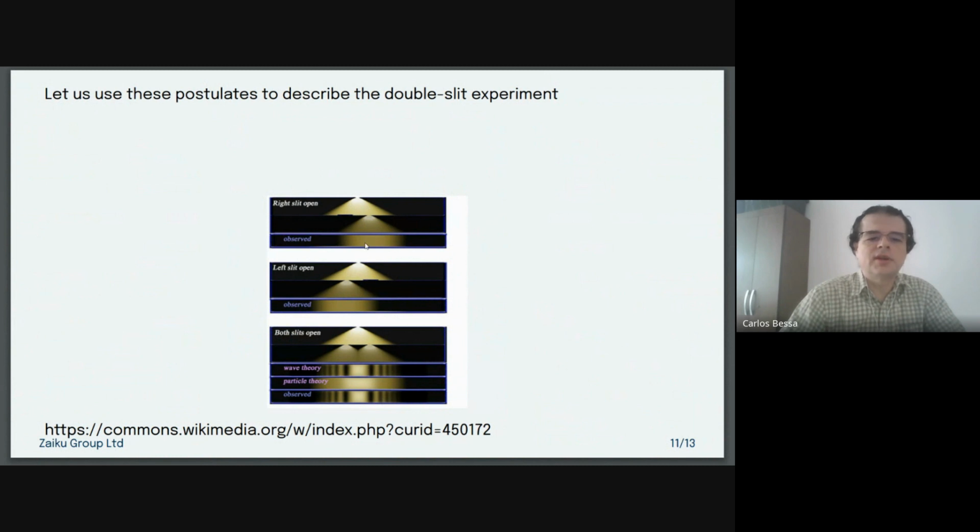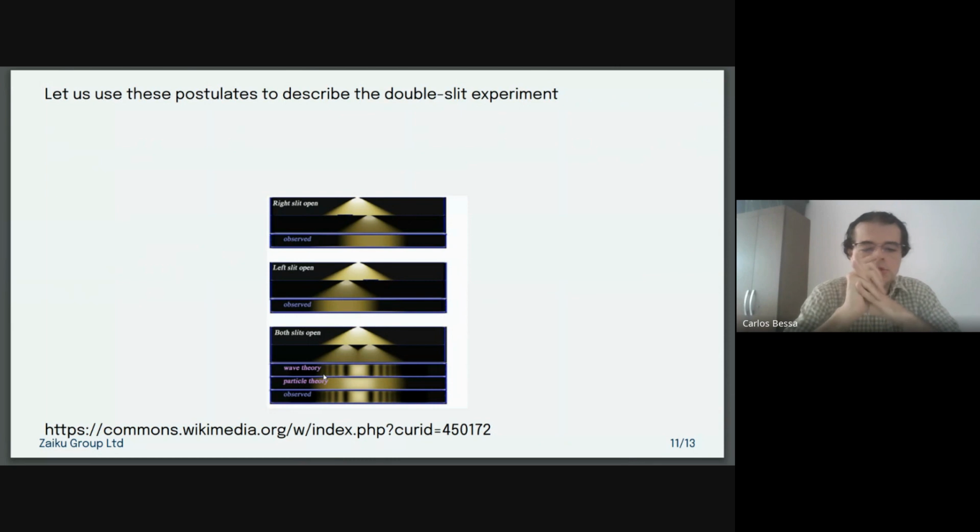So this is a particle behavior. The same thing would happen if you close the right slit and open the left slit. The only difference is that what we observe will be displaced to the other side. But again, it's a particle observation. But if you open both slits, what you observe is this. So you have a wave observation.